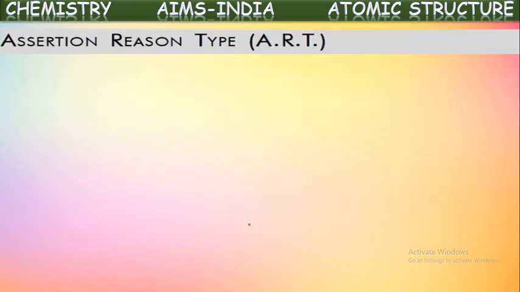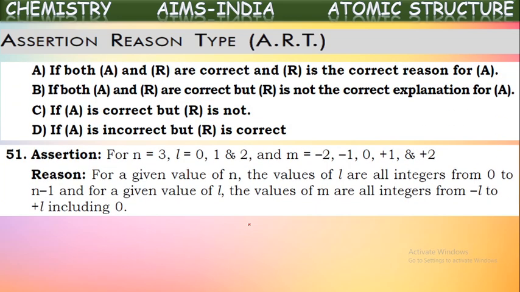Next, assertion reason type questions. See the first one. For n is equal to 3, l is equal to 0, 1 and 2, and m is equal to minus 2 to plus 2. Okay, they're asking for principal quantum number value n is equal to 3. l values are 0 to 2, and m values are from minus 2 to plus 2.